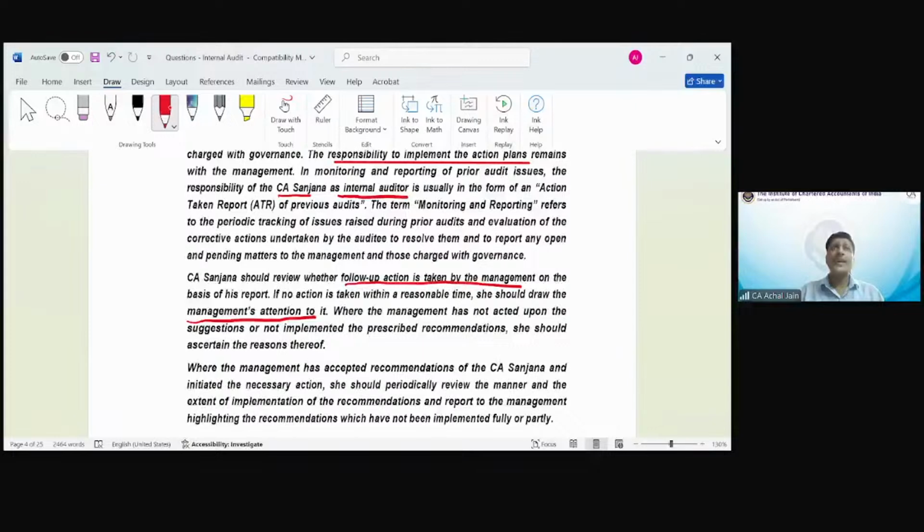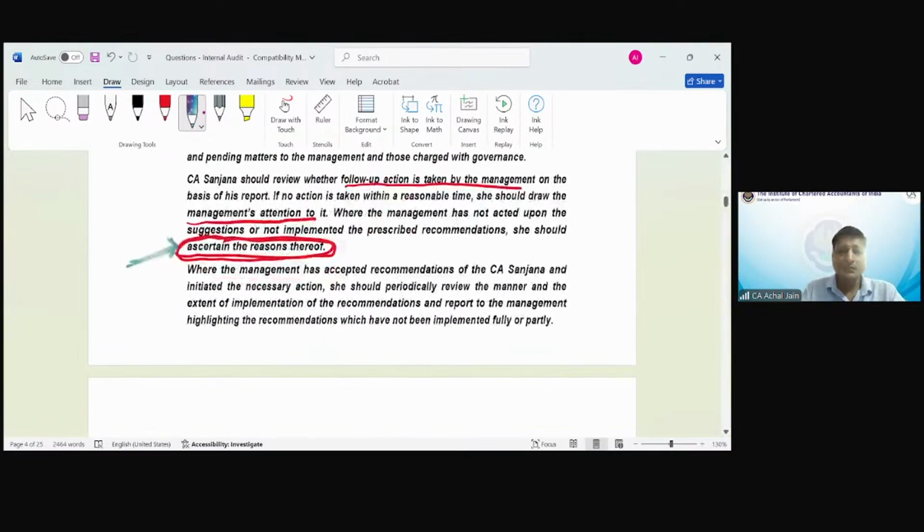Many a time practically you don't think through so much, or you're not able to think through. That's what you get to know once you get into those things. So she needs to also ascertain the reasons. It's not that anything which is written has to be followed as it is. If there are some challenges, those need to be revisited, and the revised timelines then need to be set up. Right?